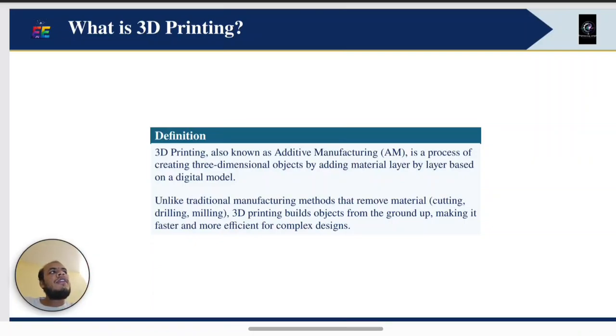That's why 3D printing is required. This reduces waste and allows complex designs to be created easily. In simple words, 3D printing converts a computer design into a real-life physical object.